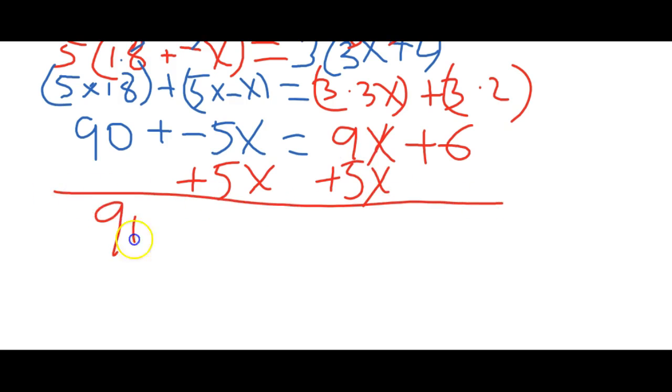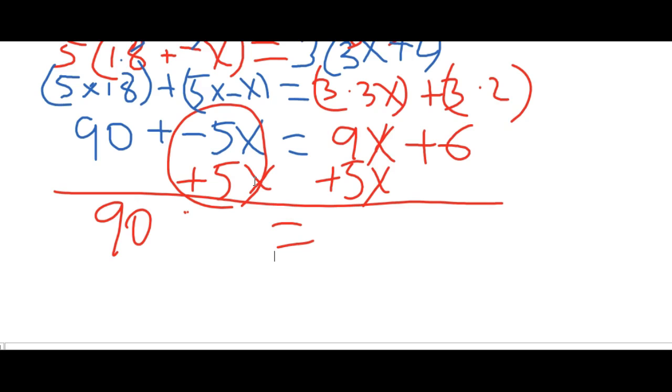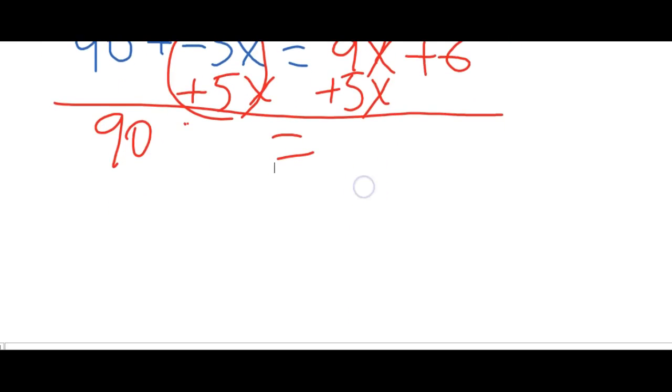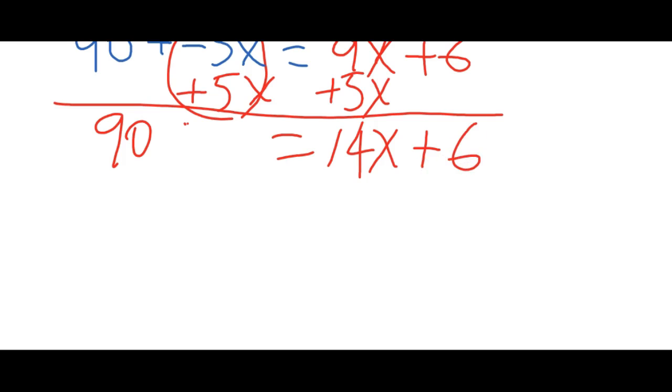So here we have 90 plus 0, because this cancels out to be 0, equals 9x plus 5x, which is 14x. So that's 14x plus 6. Now we are going to subtract 6 from both sides.